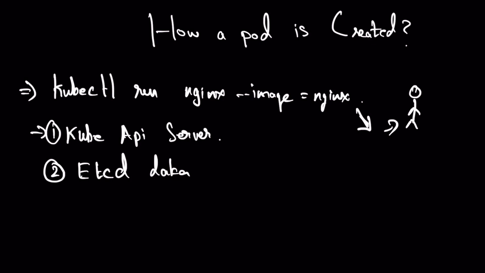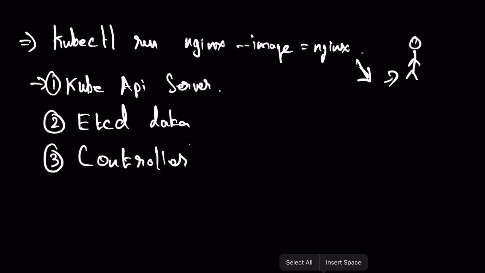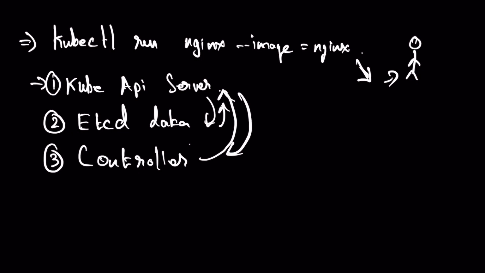Now what happens? Now the controller component of Kubernetes comes into action. Okay, so this watches for all the changes in the etcd data store, and it cannot watch directly again. It has to go through the Kube API server, reach the etcd, go back to the API server and the controller manager components.